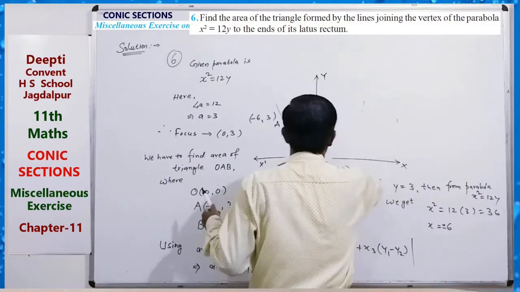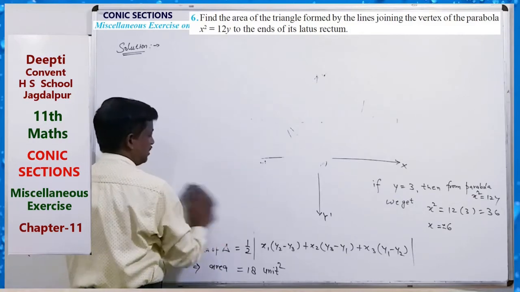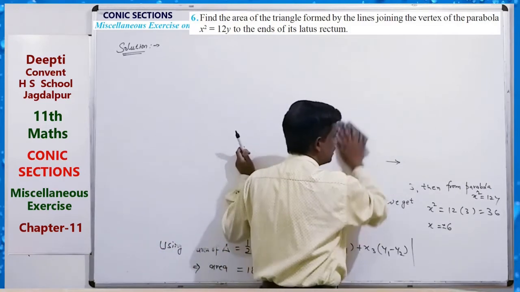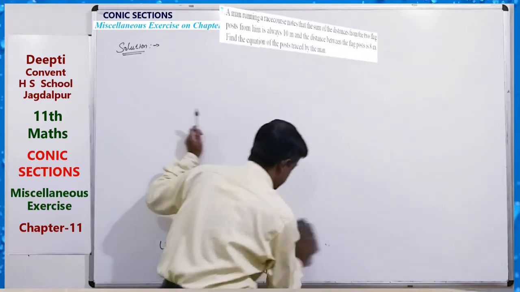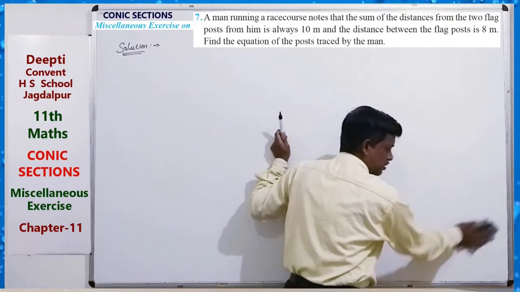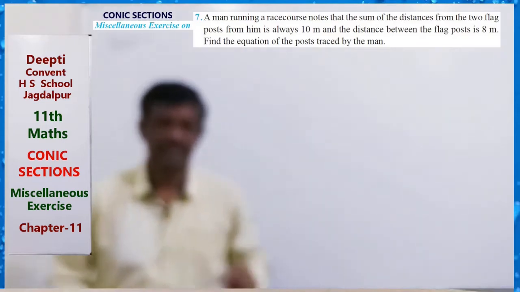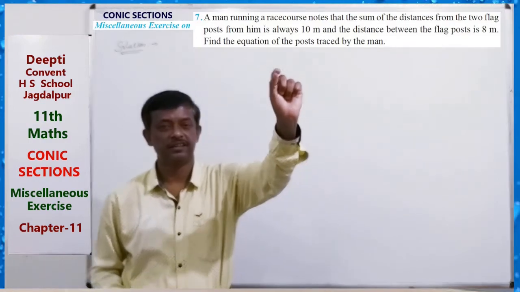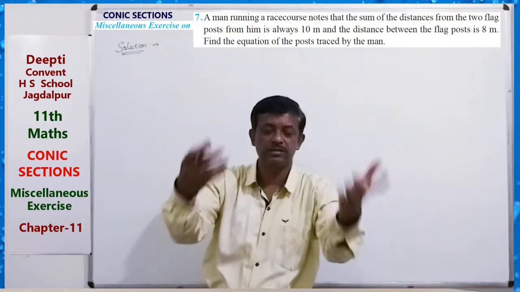So just remember the definition of the ellipse: the locus of a point which moves in such a way that the sum of the distances of the moving point from two fixed points remains constant.